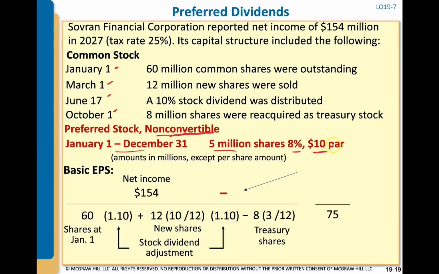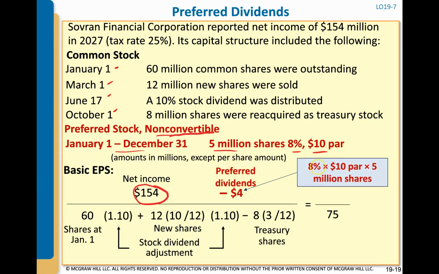Whether it's paid or not doesn't really matter, because we have to remove it from our numerator, our earnings, because this net income of 154 has to be reduced by the preferred dividend amount. And so the preferred dividend, the way we calculate it is we take the number of shares, the 5 million, times the 8% times $10 par, and we get $4 million.